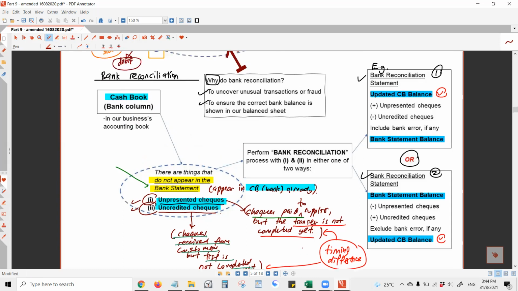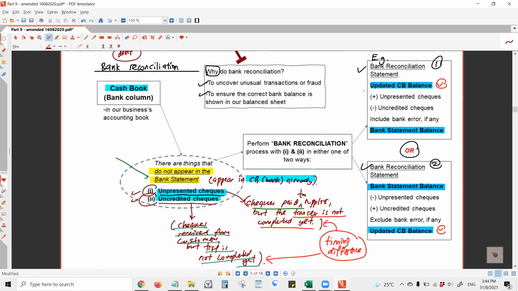You see how we do it: we are getting from one number to another number. Look at format one, the one at the top right corner. You start with the updated cash book balance, and you want to arrive at the bank statement balance. Do you think that these two things are already in our cash book bank account?